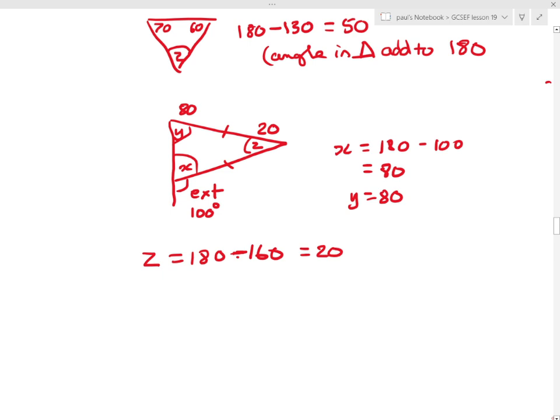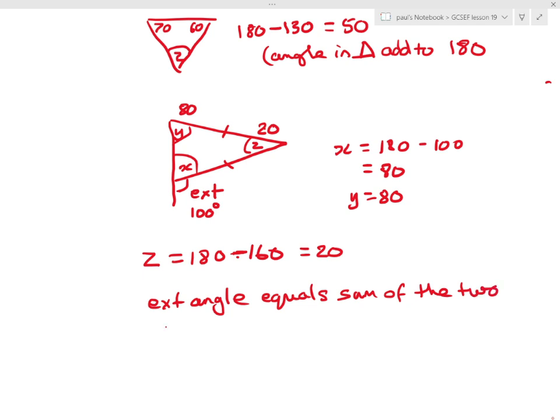Now if you add these two together, they equal the external angle. So the external angle always equals the sum of the two opposite ones.